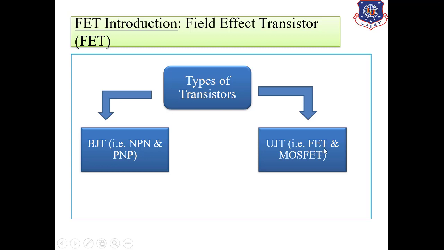So we will have to study FET and MOSFET in detail: construction, terminals, working, operation principle and characteristic. In case of BJT, we have studied in the previous chapter, but in case of UJT, FET and MOSFET, we will have to study in this chapter.